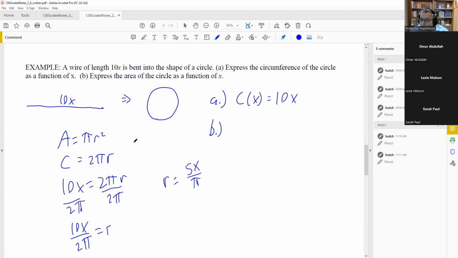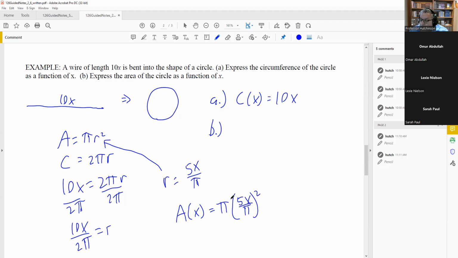Now I'm going to take this and stick it into the area formula. So area as a function of x is equal to pi times 5x over pi, all of that squared. I'm basically just replacing the r with all this.